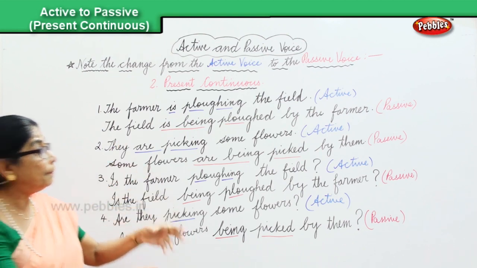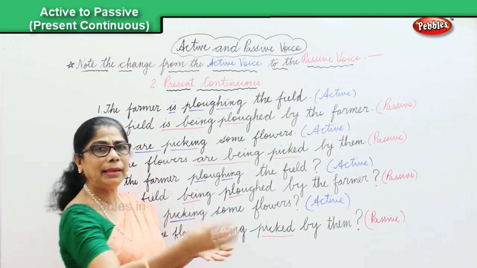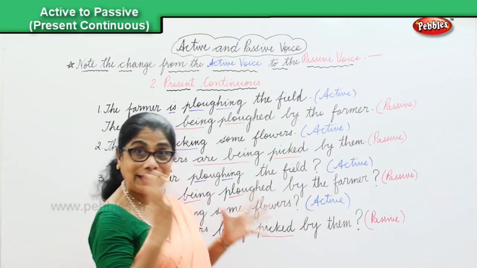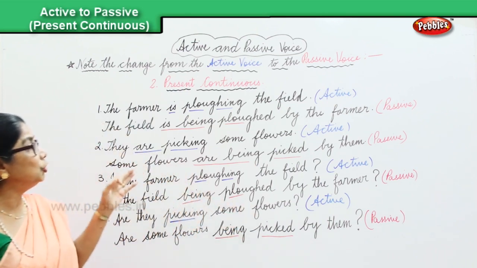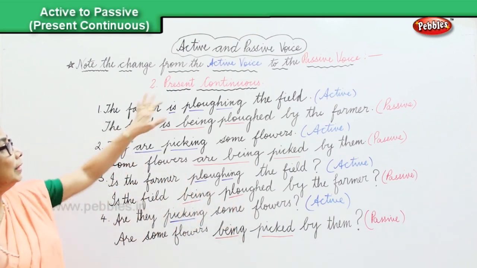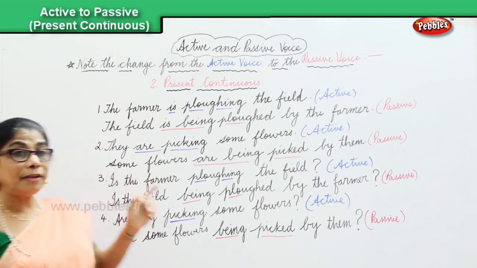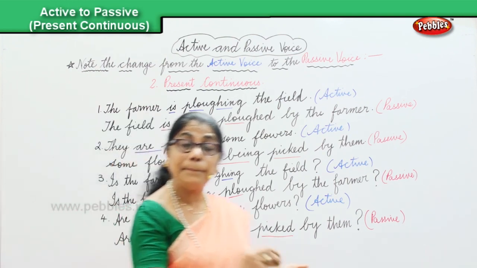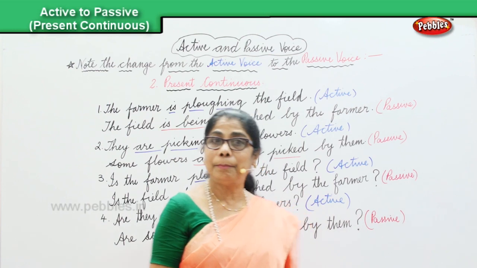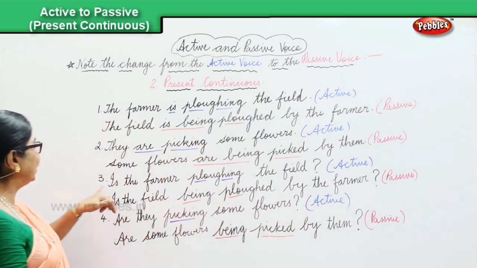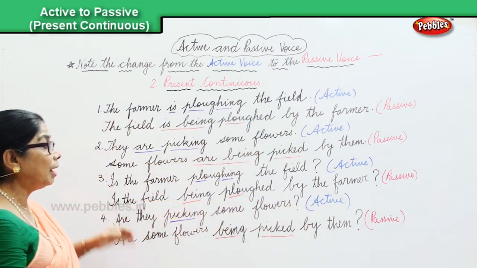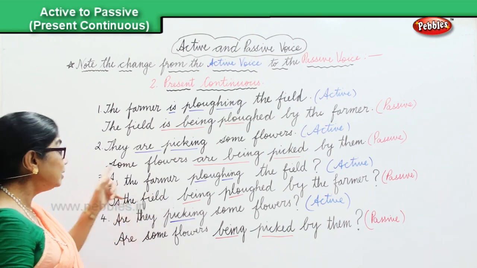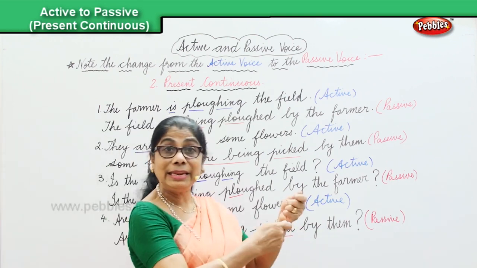Now, let's look at the present continuous in the active voice. They are picking some flowers. Active. Now, the changeover into the passive in the same present continuous: some flowers are being picked by them. Passive voice. Now, the third sentence: is the farmer plowing the field?